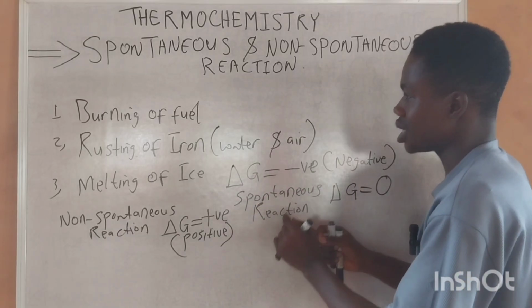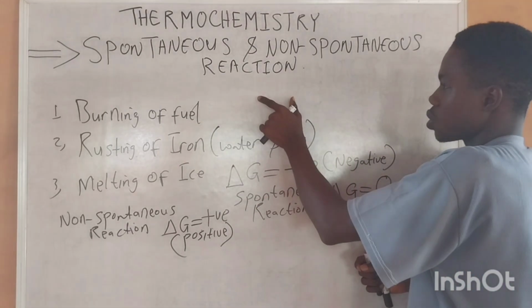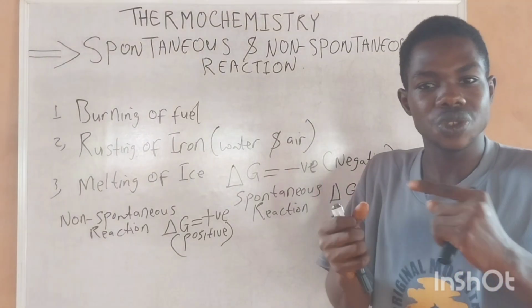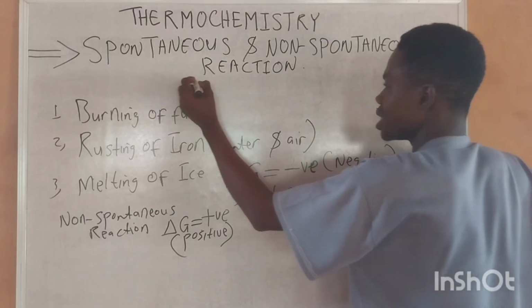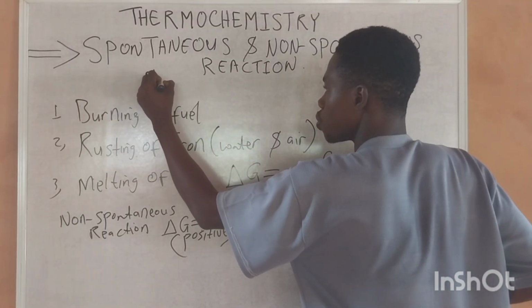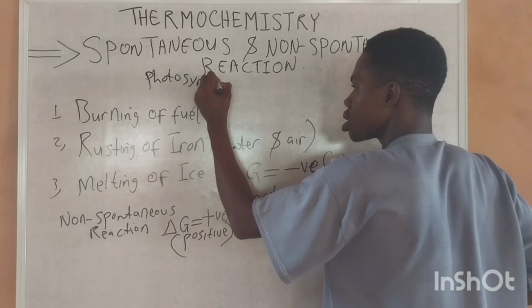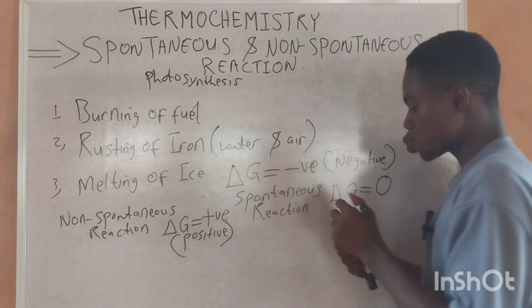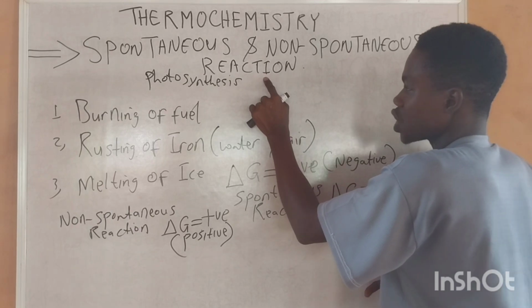Now let's talk about one of the examples of non-spontaneous reaction. Please take note that one of the examples of non-spontaneous reaction is photosynthesis in plants.